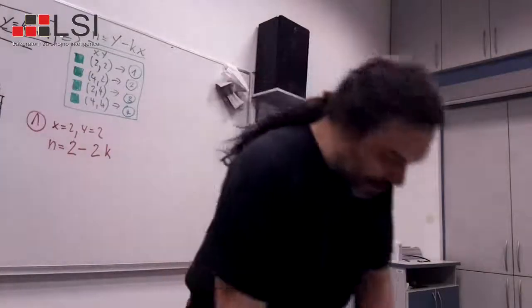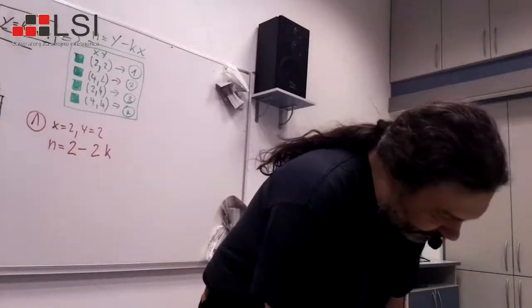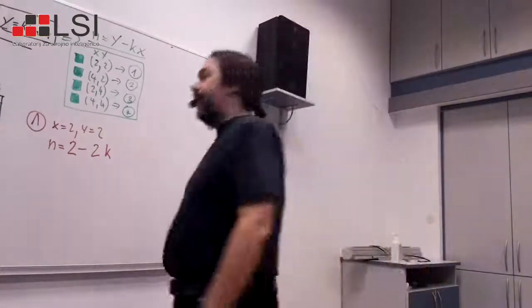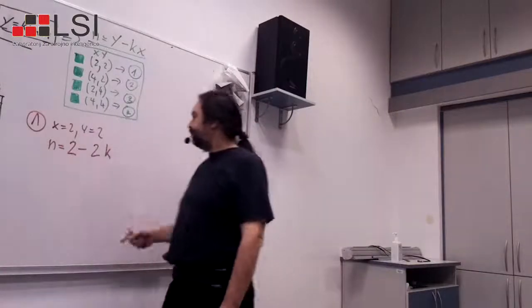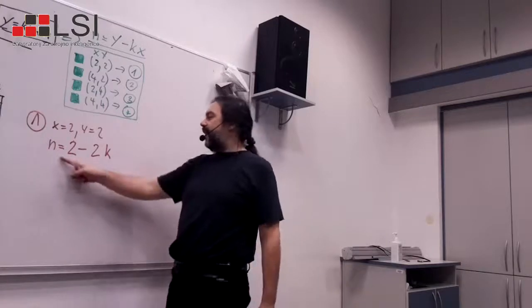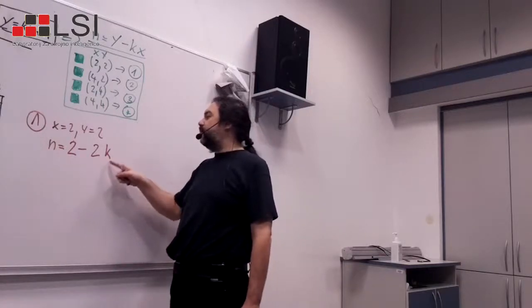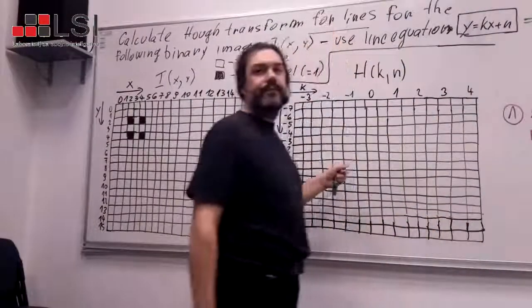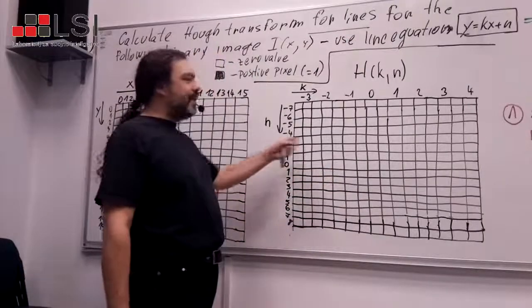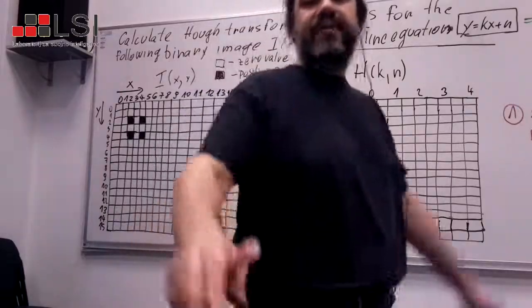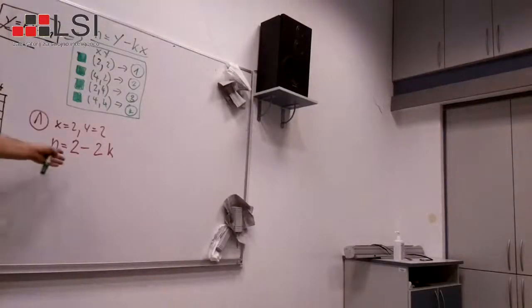Let me check so I didn't do anything stupid. So we have N is 2 minus 2K. Good. Now if you look at this accumulator here, we can start filling it up. We have the equation that directly relates to the accumulator.